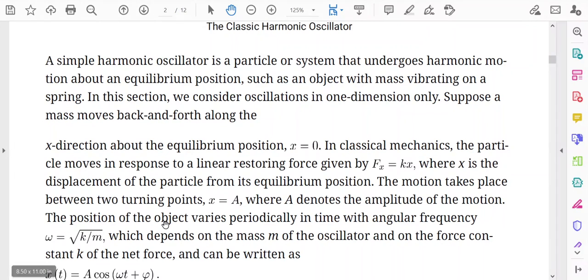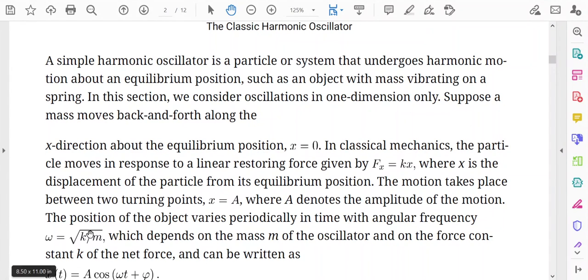The position of the object varies periodically in time with angular frequency omega equal to root over k by m, as the mass vibrates continuously. So, the position of the object should vary periodically with respect to time, and there should be some angular frequency of the vibration.